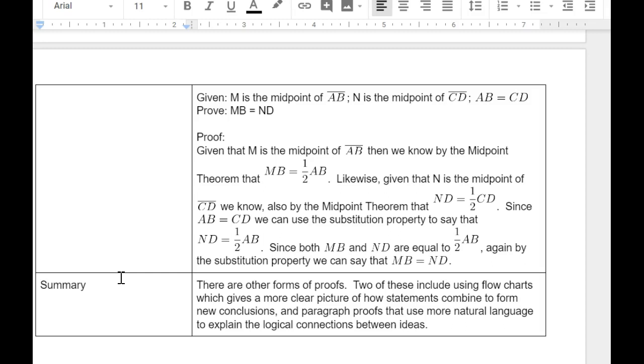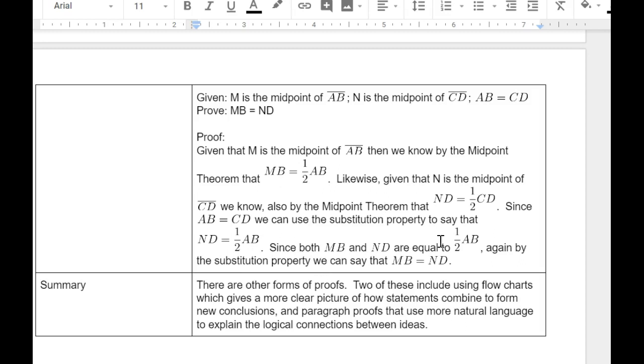Now, since AB and CD are equal, because that's a given, we can use the substitution property here. So we can take out the CD and put in that AB, which is what we did down here. So we have ND being half of AB, and up here we have MB being half of AB.